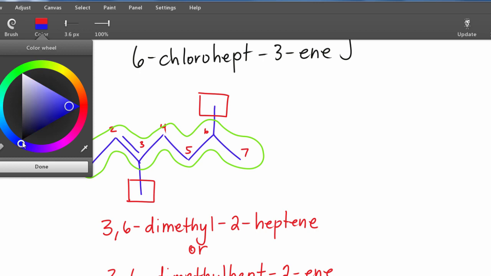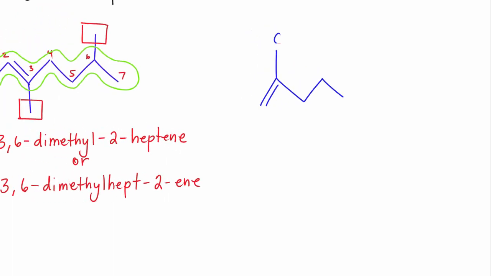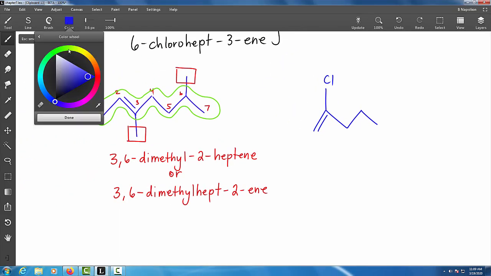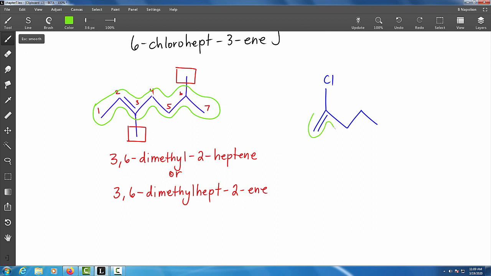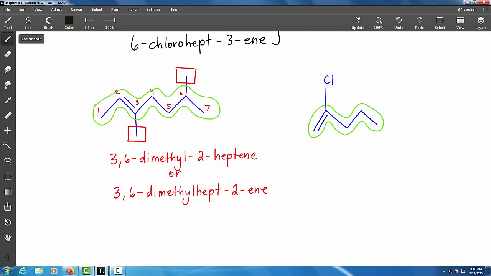Okay, if we try another one, let's say we have this one. Okay, your parent chain is going to be here, and I want to go the direction that gives me the lowest number on my double bond, so that would be this direction, 2, 3, 4, 5. Okay, so this would be 2-chloro.